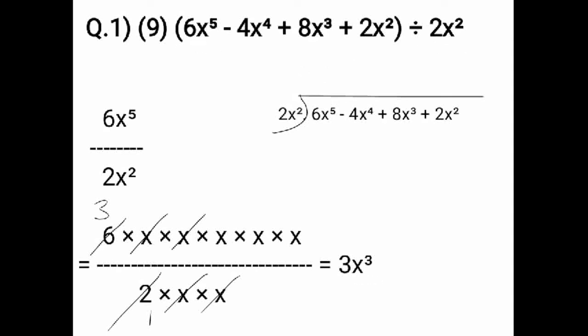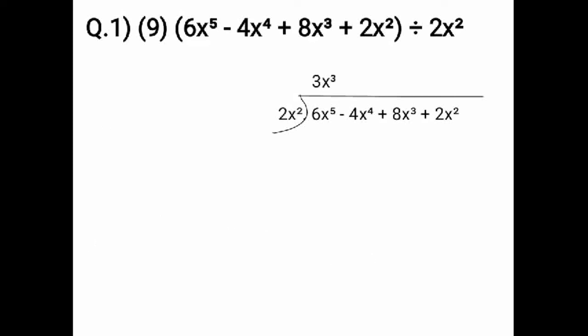Okay. 2x square into 3x cube is plus 6x raised to 5. Now you have to take the opposite sign minus. The plus sign is there. 6x raised to 5 minus 6x raised to 5, answer is getting 0. But before that you have to do cancellation and then write the answer 0. Like this way. Now you have to bring down second term, that is minus 4x raised to 4.